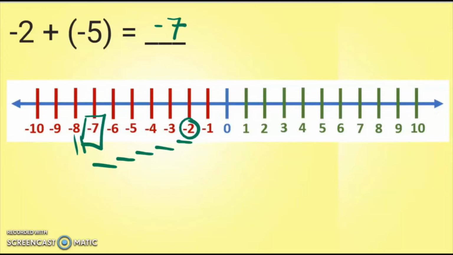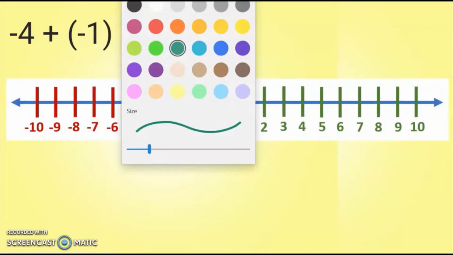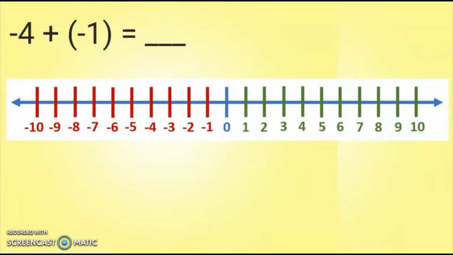Start thinking of a conclusion. What do you observe? Another example, negative 4 plus negative 1. So we got negative 4 and 1 step to the left. So we land on negative 5.